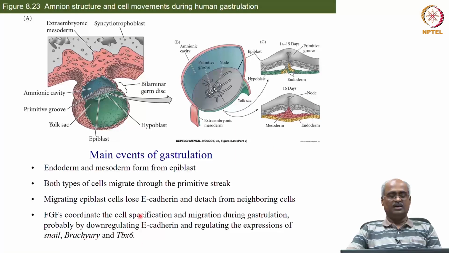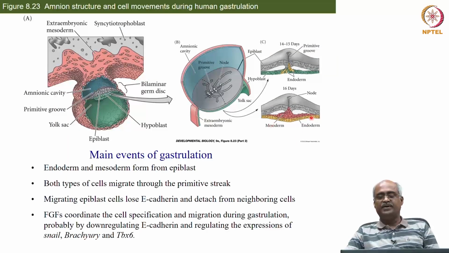So, this is the main point of gastrulation. So, eventually this endoderm that is coming out is going to replace these hypoblast cells, and that is going to form layer here.